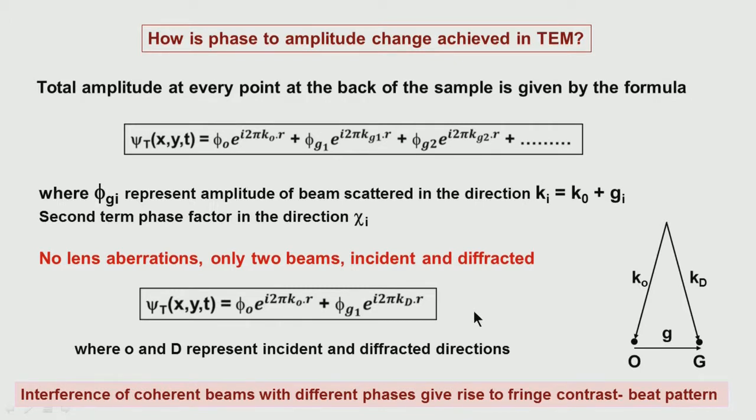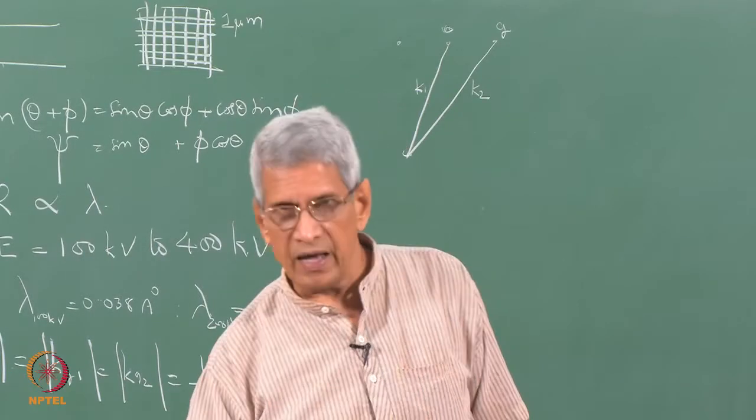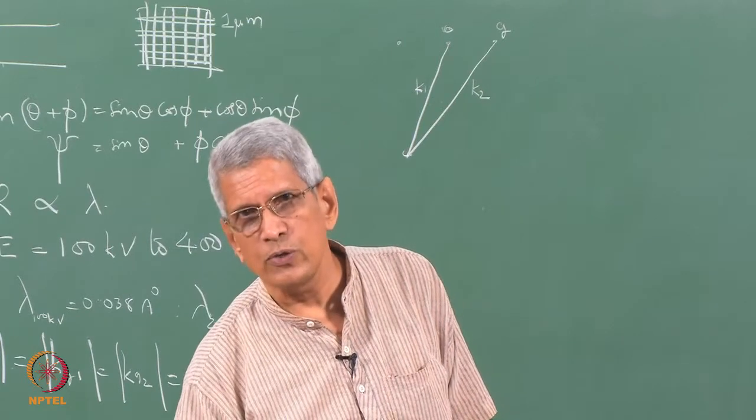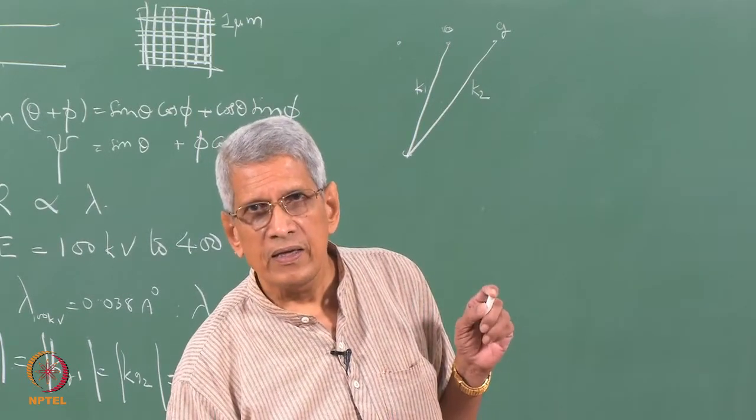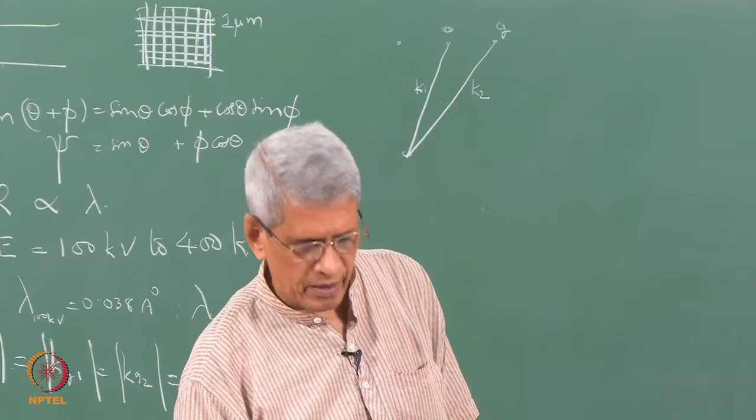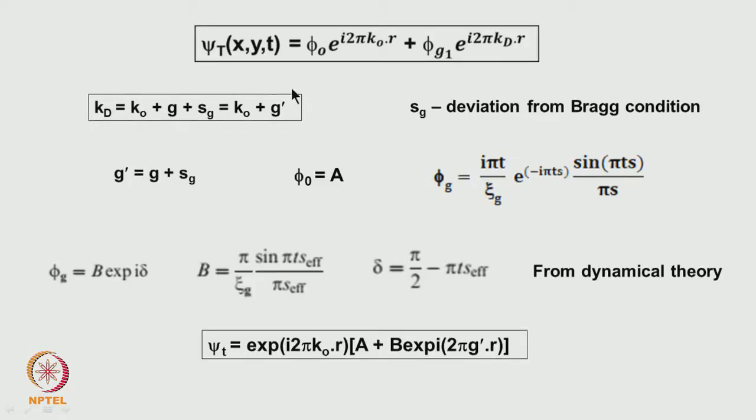In this case, the assumption we have made is that the lens has not introduced any aberration in the beam. Then we can write Kd, the diffracted beam, equals K0 plus G plus Sg, where Sg is the deviation from the Bragg condition.